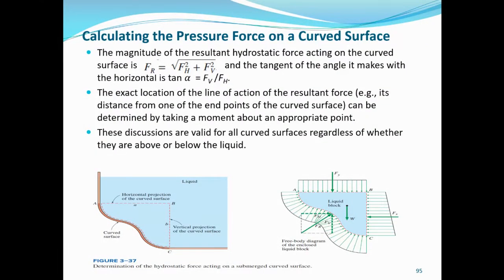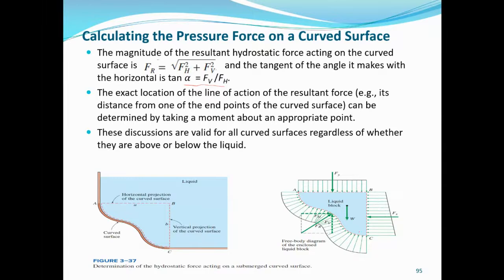Now, the magnitude of the resultant force Fr is calculated with the normal formula for finding the resultant force, and the normal formula for finding the direction angle, which is alpha in this case. The exact location of the line of action of the resultant force, for example its distance from one of the end points of the curved surface, can be determined by taking a moment about an appropriate point.